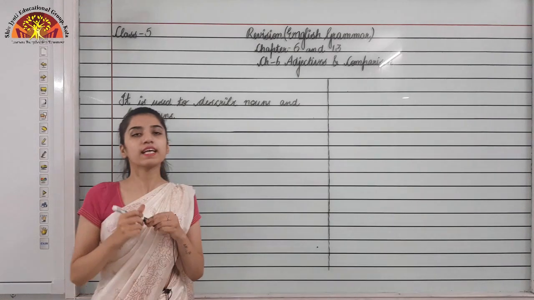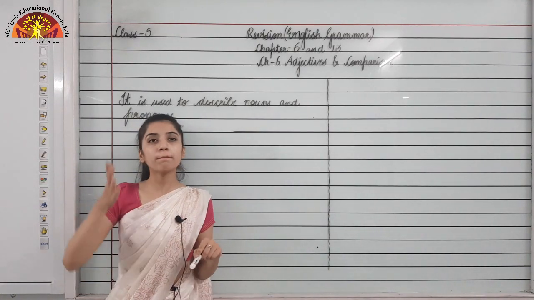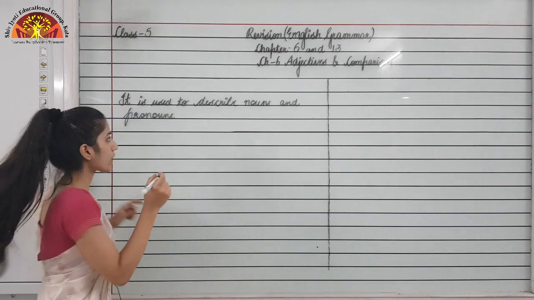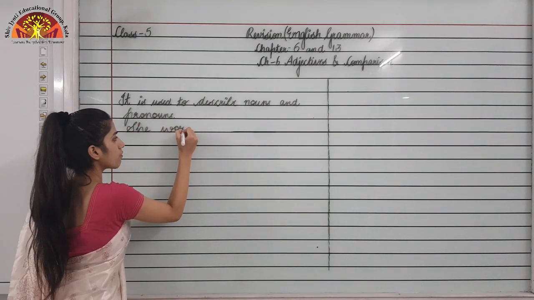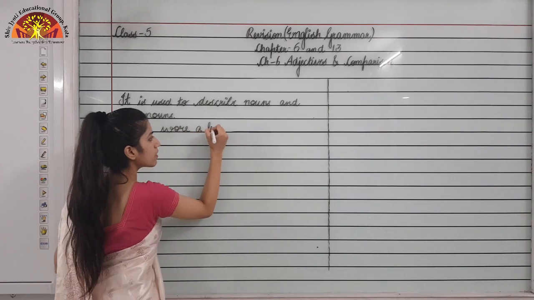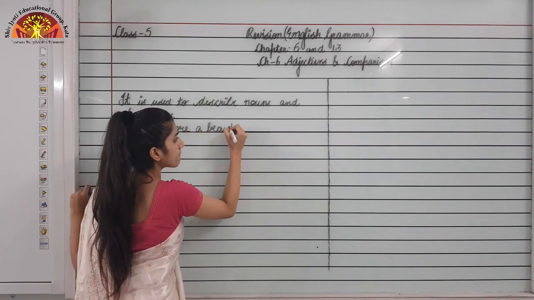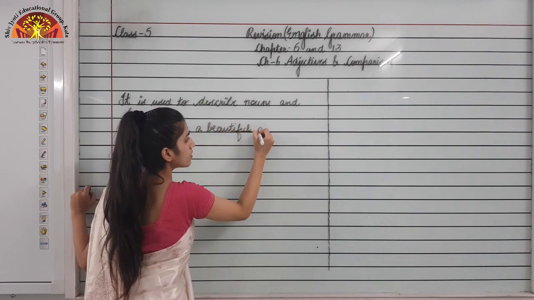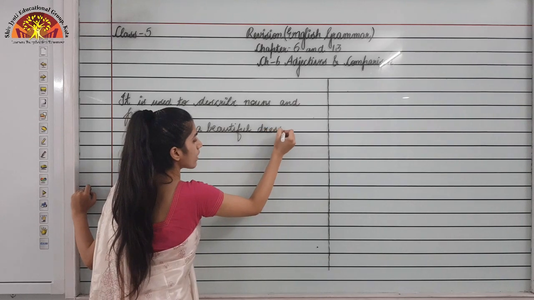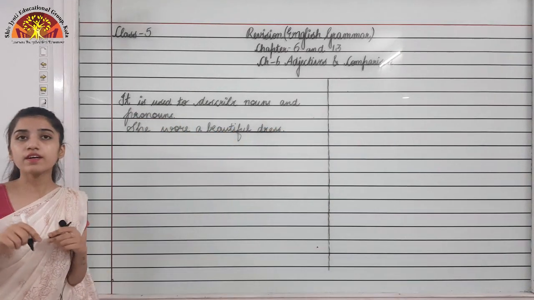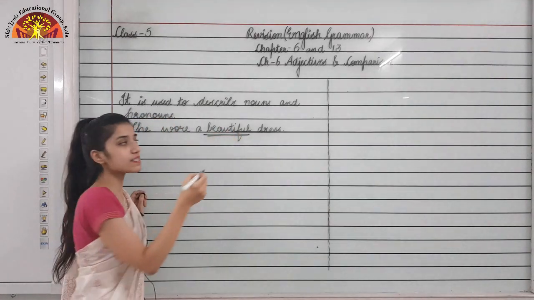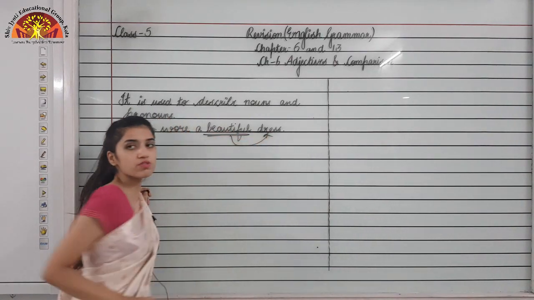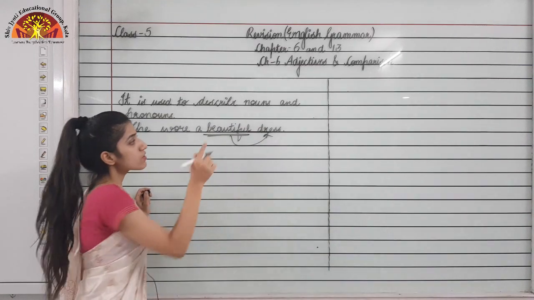Like if I say, she wore a beautiful dress, I am writing this example over here. So here you can see beautiful is the word which is describing the noun, which is dress.